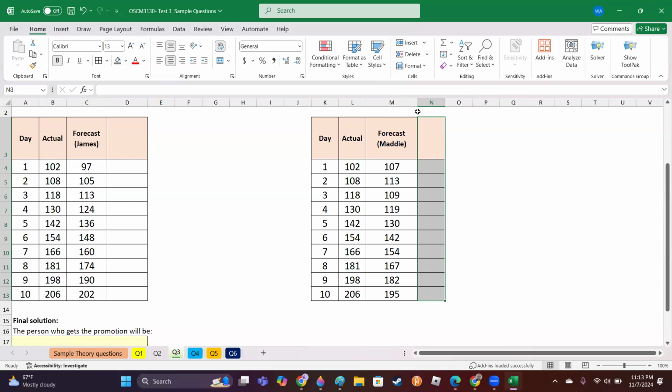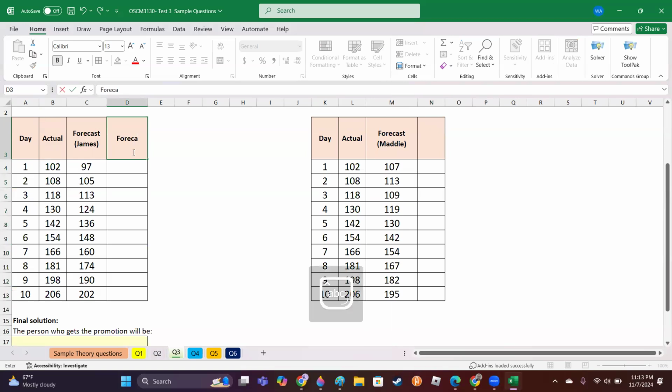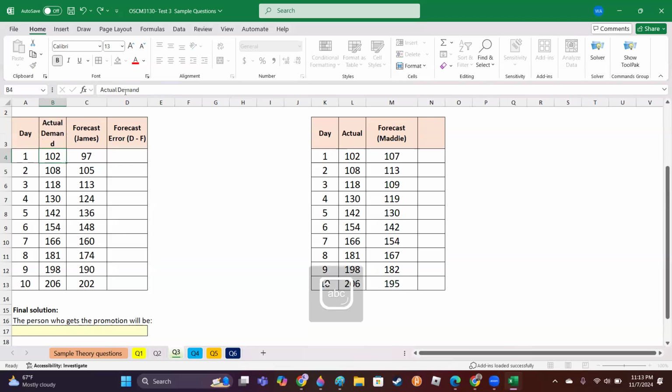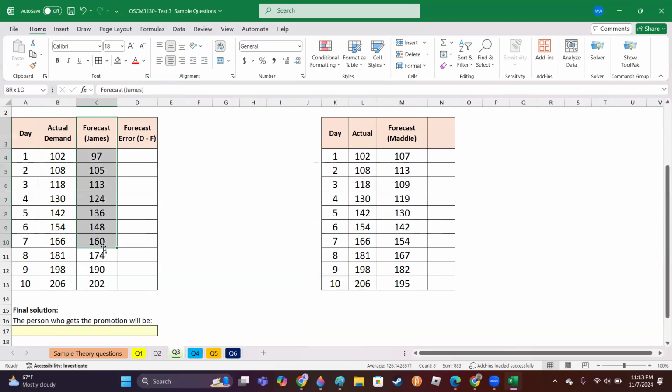I always want to start off by calculating my forecast error. Your forecast error is the difference between your demand and your forecast. So your actual demand is here, and my forecast is given to me in column C. So the difference between these two is 102 minus 97.